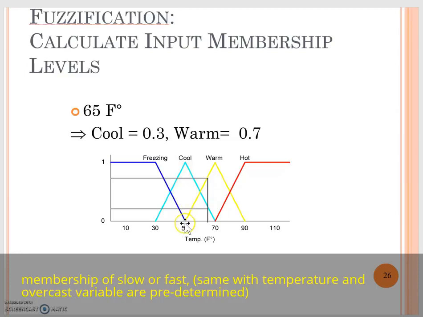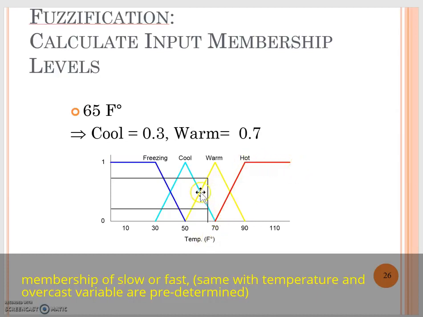Starting from 50 degrees Fahrenheit until 90 degrees Fahrenheit is warm, where the peak is at 70 degrees Fahrenheit. And again, starting from 70 until 90, it starts to become hot, and it is really hot from 90 degrees Fahrenheit onward.